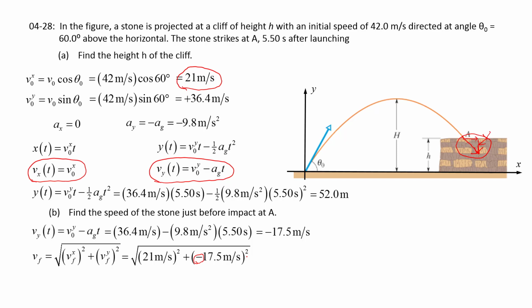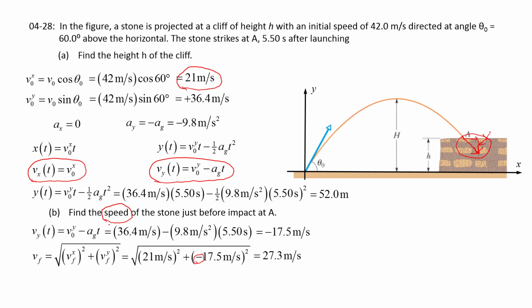We add those two numbers together, then take the square root, and that comes out to be 27.3 meters per second. Now, we could calculate an angle here, but the problem only asks to find the speed. So they're giving us a little bit of a break. We don't have to actually worry about the direction of this velocity.